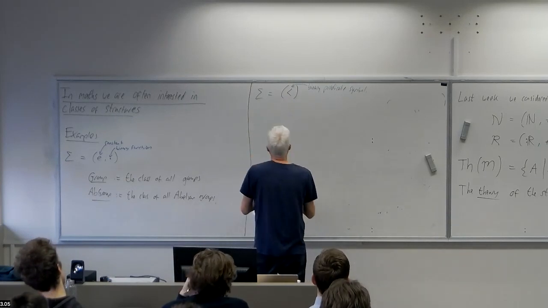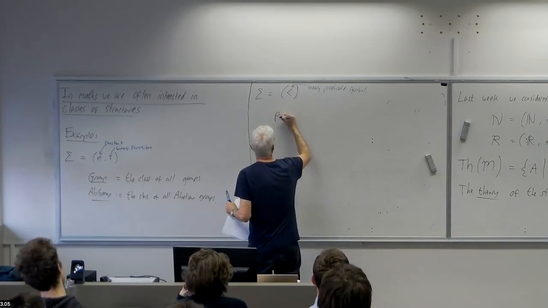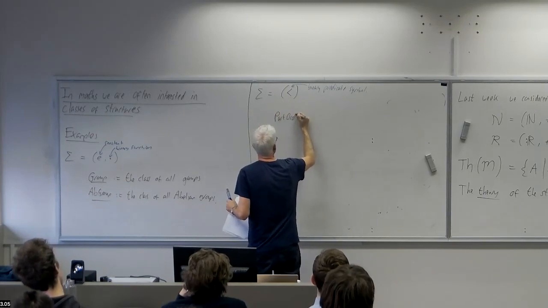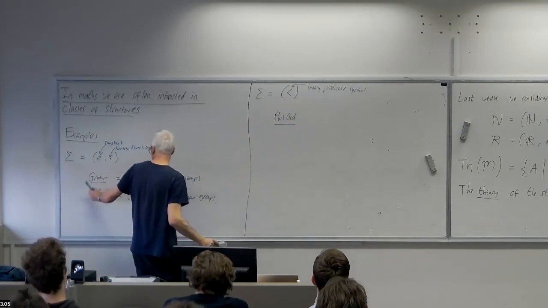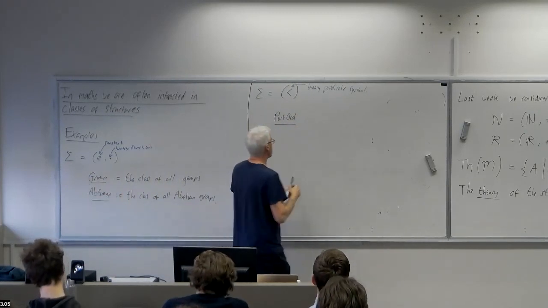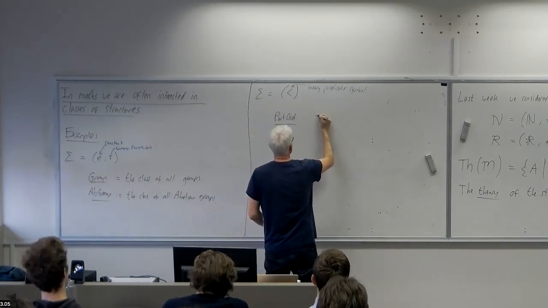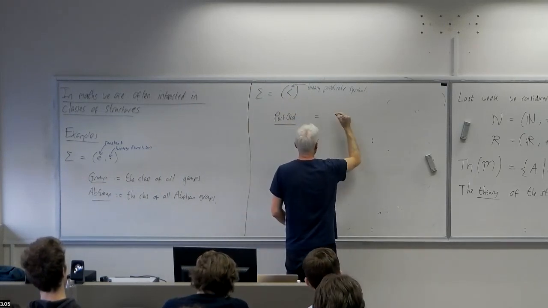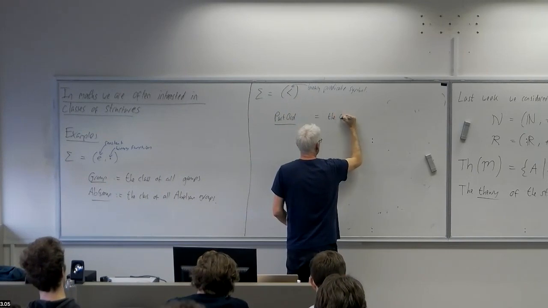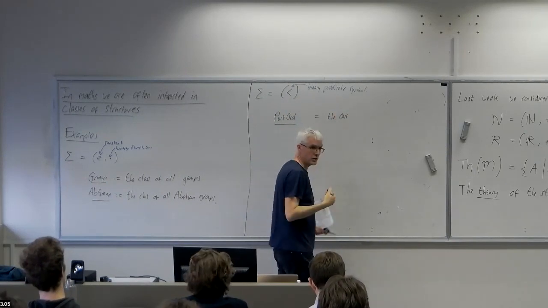A particularly natural class of structures for this is, I'm going to underline the names of these collections of structures, Part Ord, which is simply the class of partial orders.